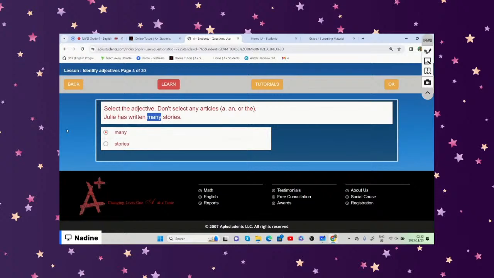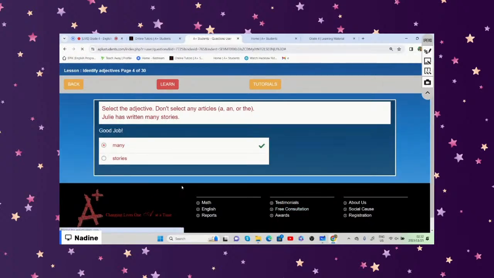It tells us Julie has written many stories, and many stories basically answer the question how many. Because remember, an adjective either answers the question how many or what kind, right? So in this case, how many tells us, for example, many, 10, 5, or so on, like an amount. And many is correct. So well done, guys.